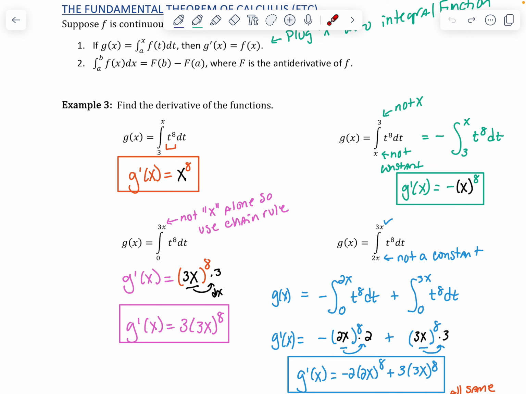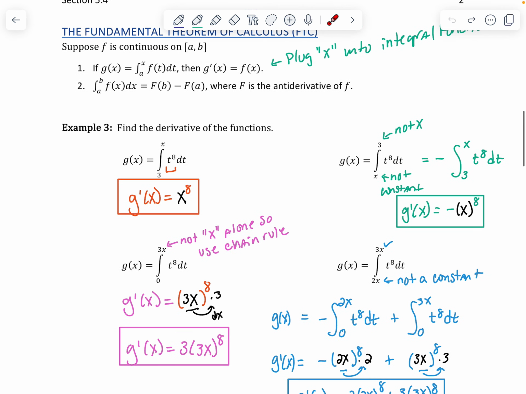Starting off with that simple example, I'm asked to find the derivative of the function g of x. How did I get that? According to the fundamental theorem of calculus part 1, I can take the function being integrated, t to the 8th, and just plug x in where t was.